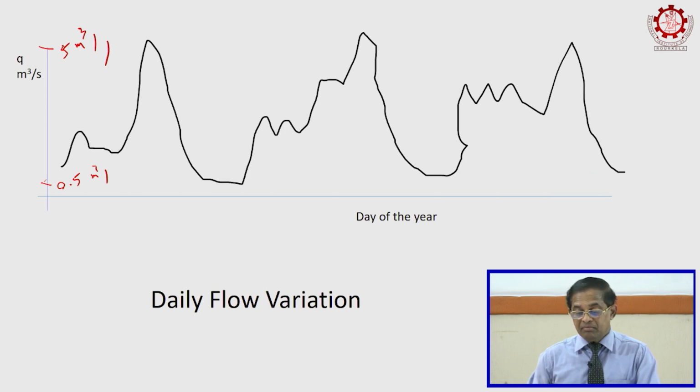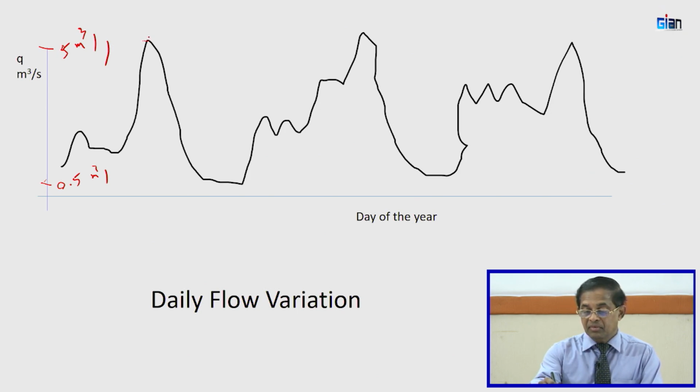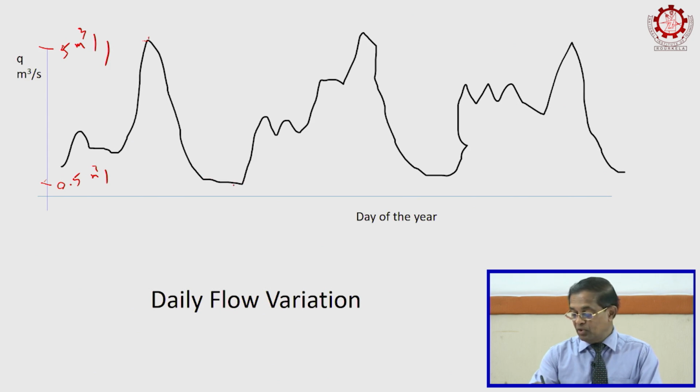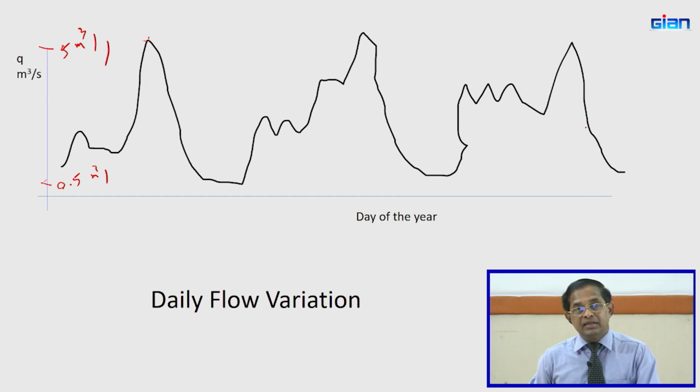When it is raining, maybe it is maximum flow, and then if there is 1 week, 2 weeks of no rain, the flow rate will go down, and in the dry season it will be very small. So, this is time, days of the year, maybe 365 days here, for 1 year how the change is happening. So, this is a time series.